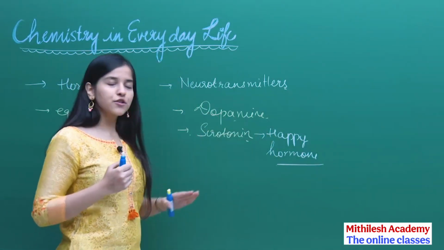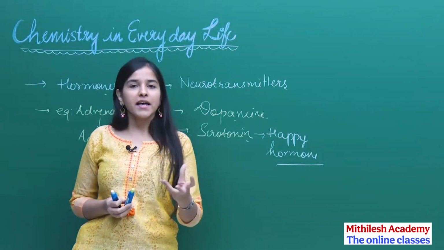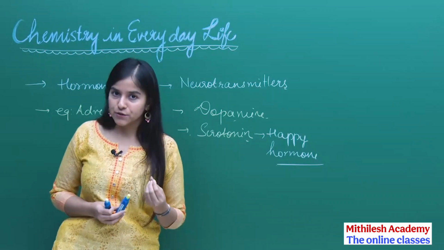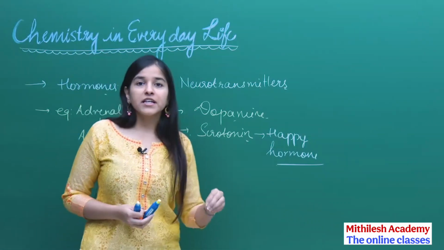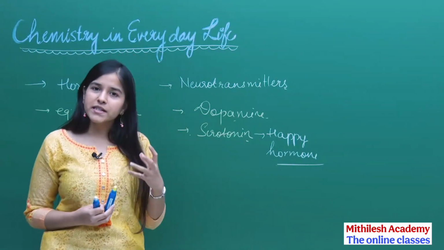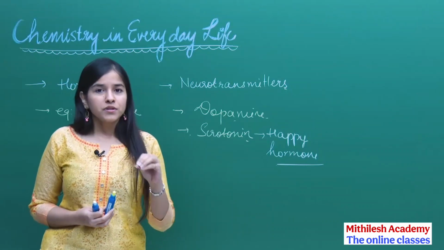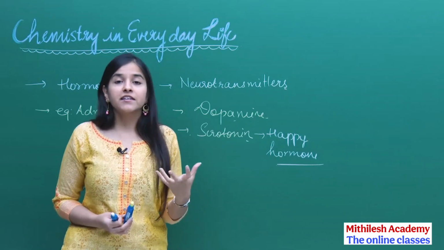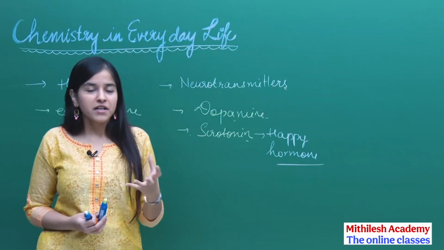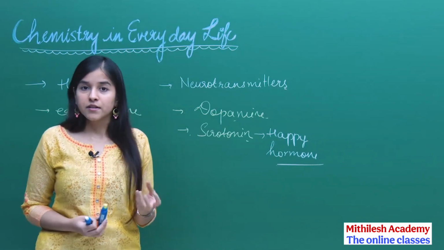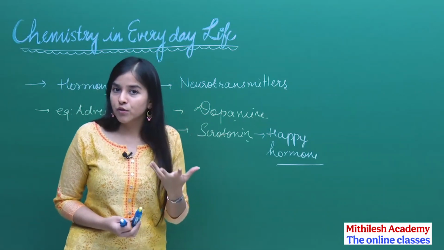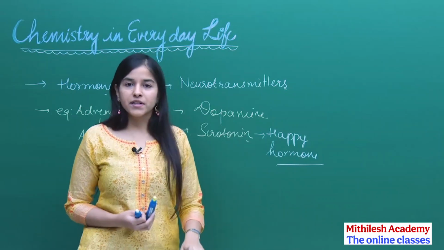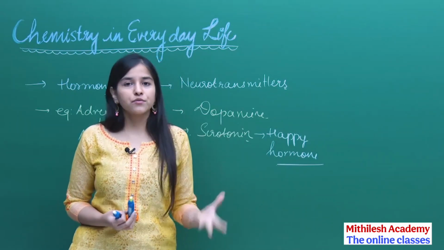And what about dopamine? Dopamine's work is also overlapping with that of a hormone. It can be called a hormone as well. Dopamine is actually giving euphoria. What is euphoria? For the people who take drugs, what kind of feeling is generated at that time? A sense of excitement maybe? So a sense of euphoria, is what we call it. Dopamine is released whenever we have such excitement within our bodies.